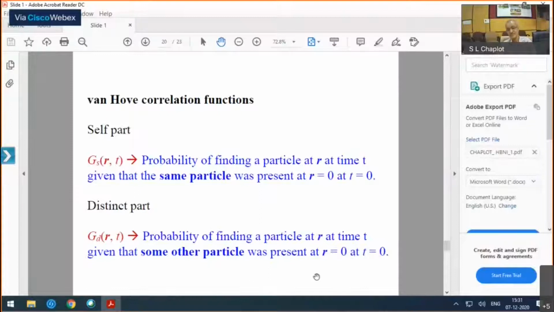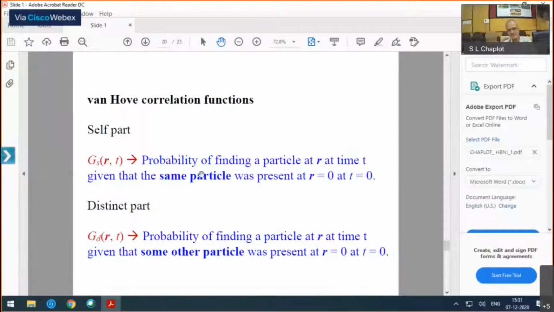So what it means is if one particle is present at the origin at time t equal to 0, then how do the positions of all other particles evolve in space and time, either because of vibrational or periodic dynamics or stochastic dynamics or what have you. But now, to the extent that these are two different particles, it is a distinct correlation function, and you can well imagine that this would be related to the coherent scattering.